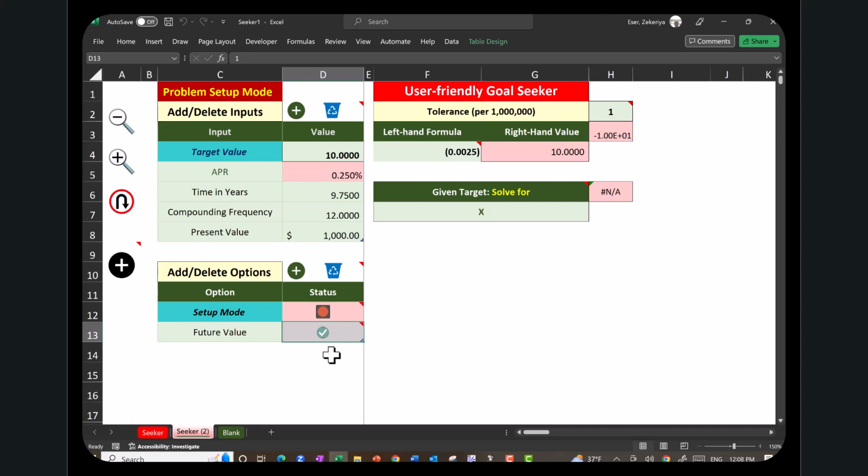Similarly, I'm going to make this target value tag. If I'm going from present to future, that's going to be the future. That's my target. And vice versa. Of course I have to write IF here first.